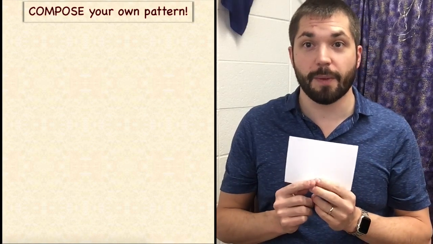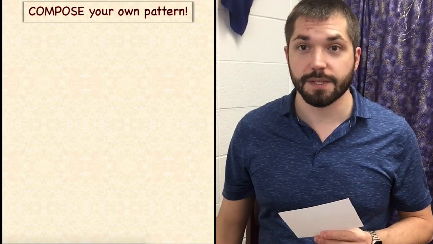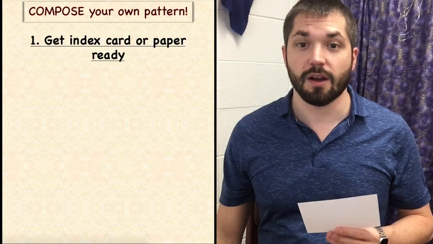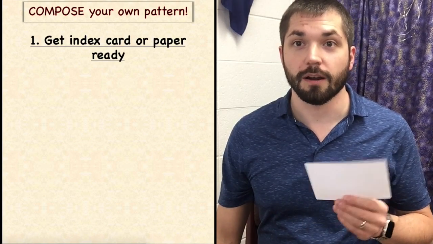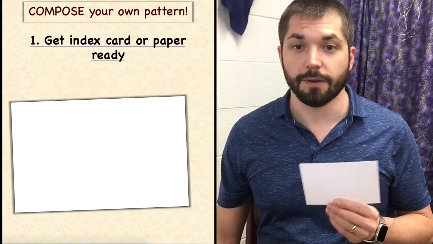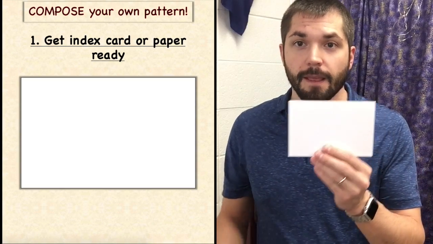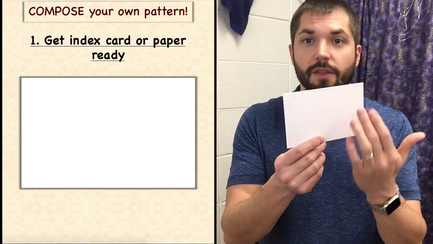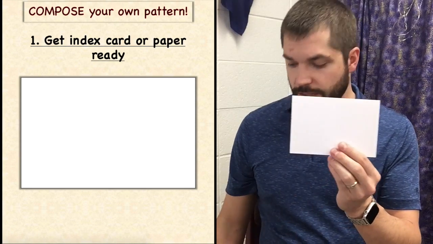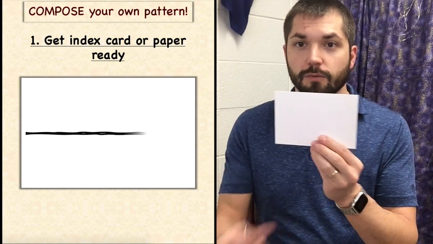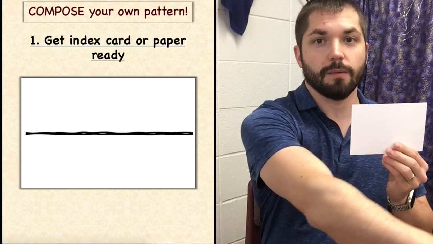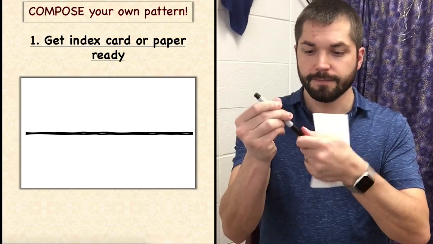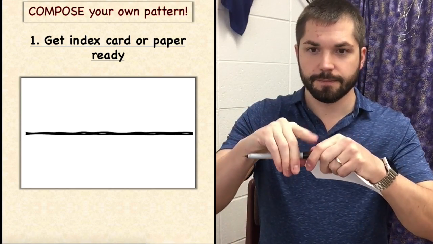Now, to compose our pattern, we're going to walk through some steps. So the first step is we got to get this card ready for our writing on it. On the blank side, we need to draw a line right across the middle. So I'm going to grab my pen or pencil, and you can do this with me too.